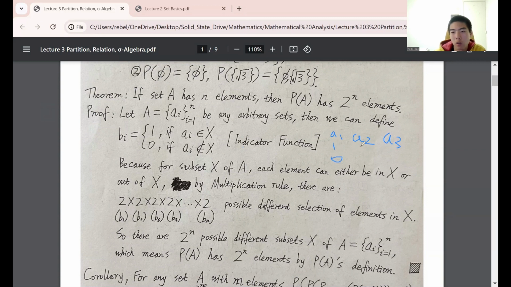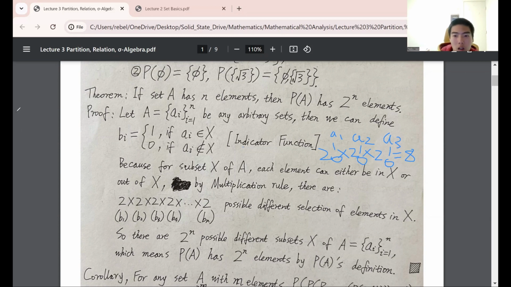If it's in, it's 1. If it's not, it's 0. So in this case, how many possible cases? Just 2 for each element, and we just use the multiplication rule. Pretty simple. So I think the main idea is just to consider it as a combinatorics problem, and you can solve it.